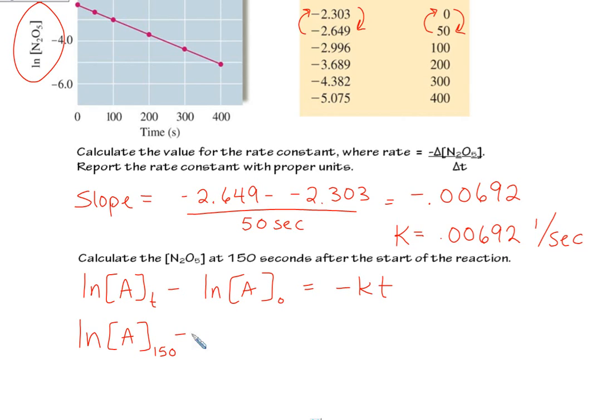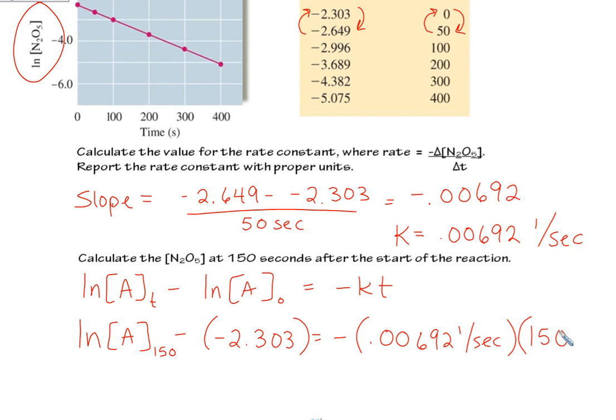The initial natural log of A is negative 2.303 equals opposite of k, the constant, 0.00692 1 over seconds, times t, which is 150 seconds, the time at which we want to study the reaction.